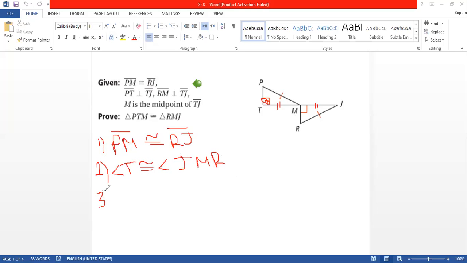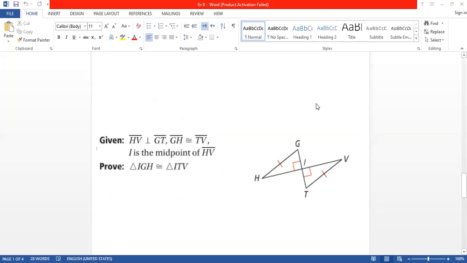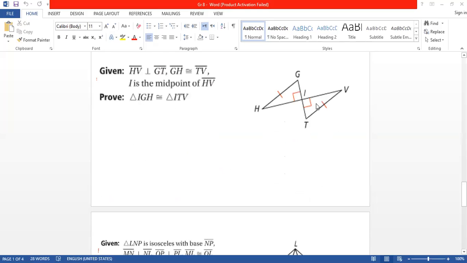What about condition number three? Yes, TM is congruent to MJ. So triangle BTM is congruent to triangle RMJ. The next exercise.